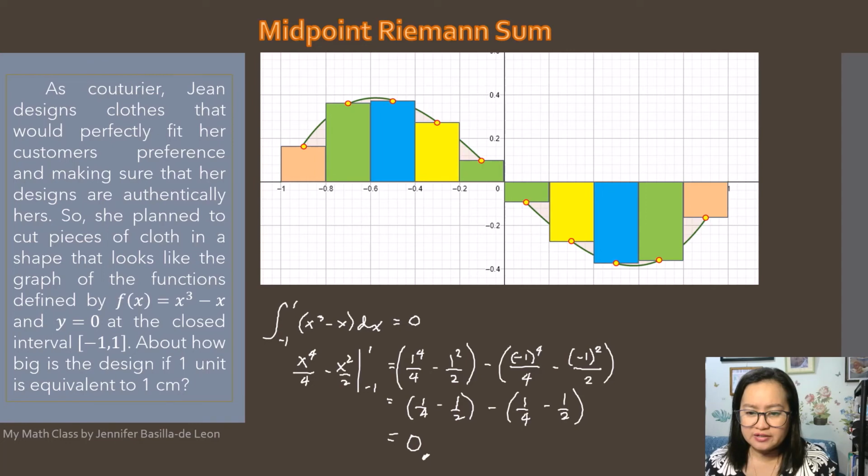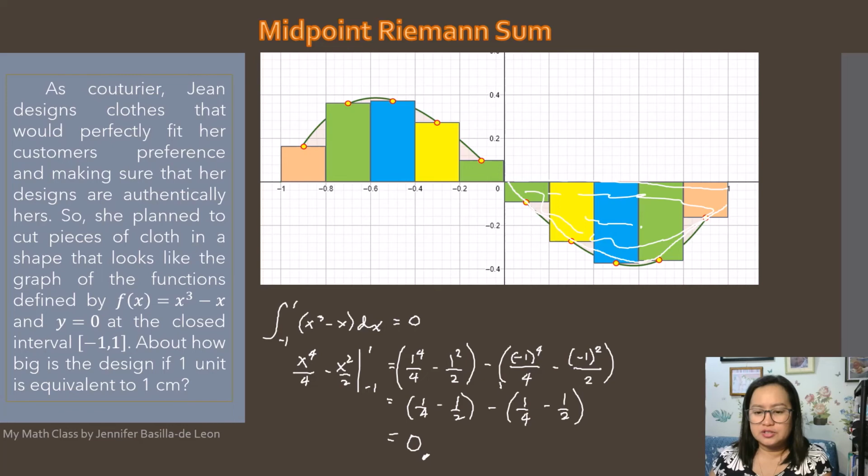As you can see, this portion of the graph will have an area that is equal to a negative number. Take note, when the region falls below the x-axis, the definite integral will have a negative sign. No exception.